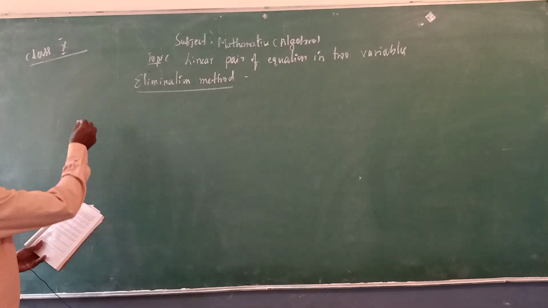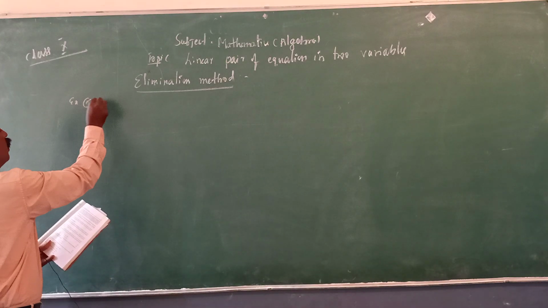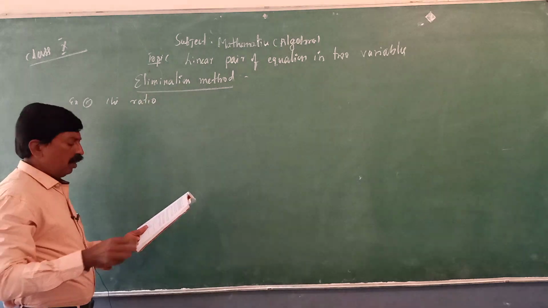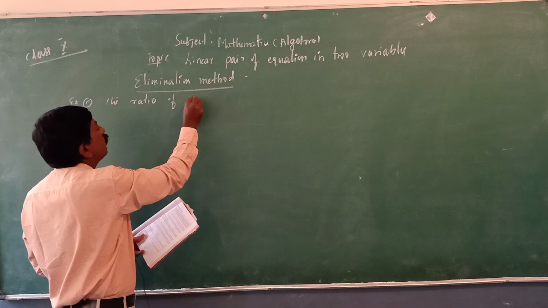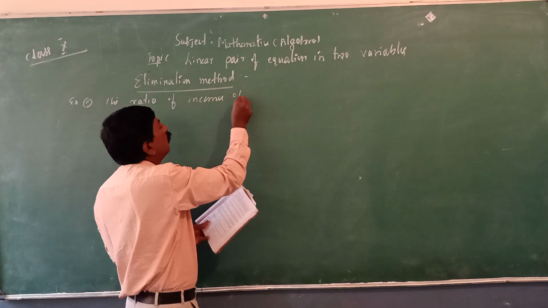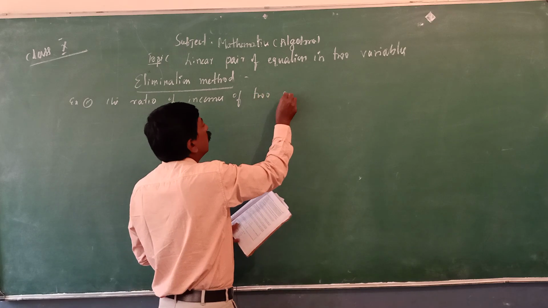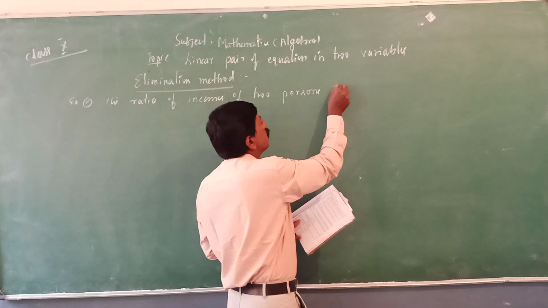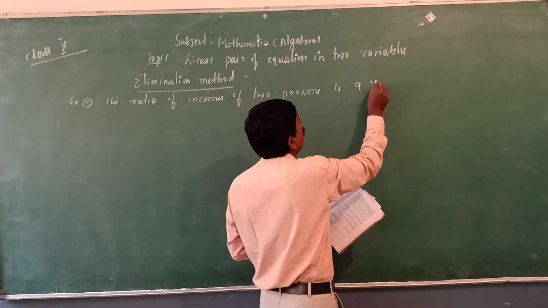Here is the problem: the ratio of incomes of two persons is 9:7.